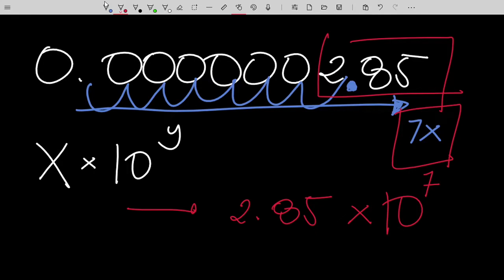Now, I want you to remember that whenever you're going to move the decimal to the right direction, you should always have a negative exponent. So, here, we have the scientific notation of 2.85 times 10 raised to the negative 7 power. So that is how you do it.